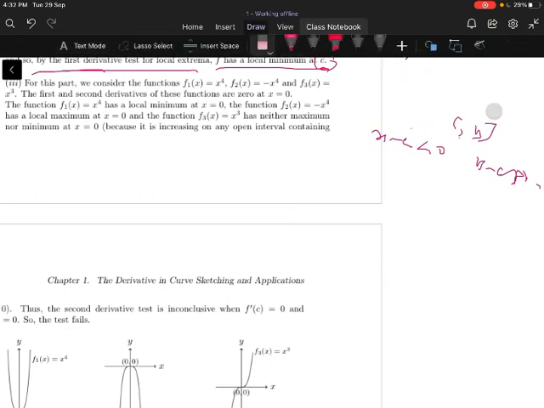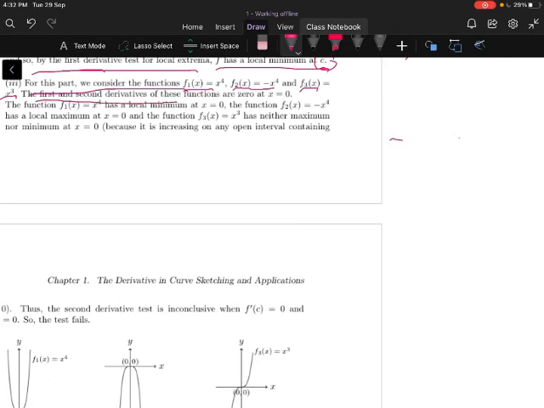Now let us move to the third part of the proof here. For this part, we consider the functions: f1 equals x to the power of 4, the second function f2 equals minus x to the power of 4, and the third function f3 equals x cube.